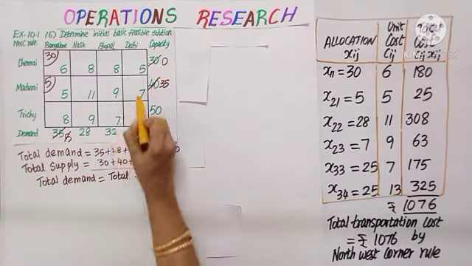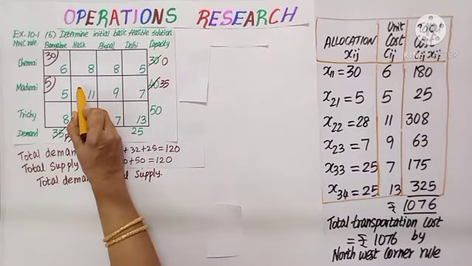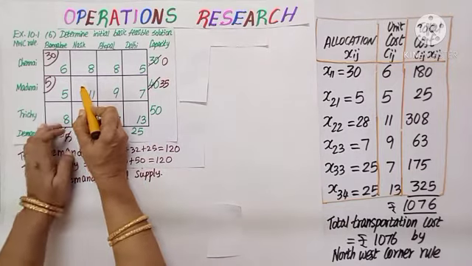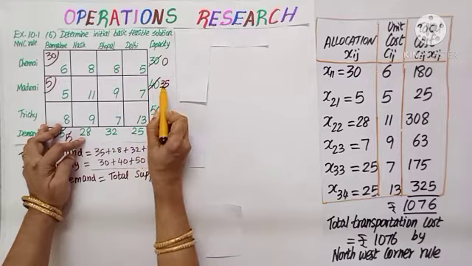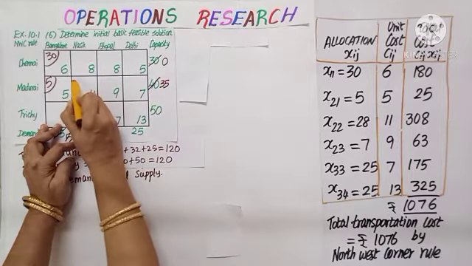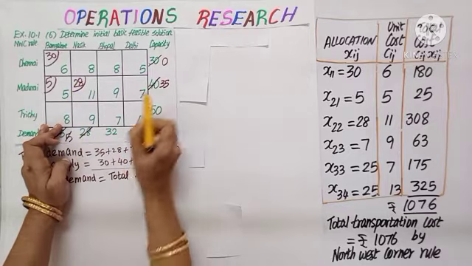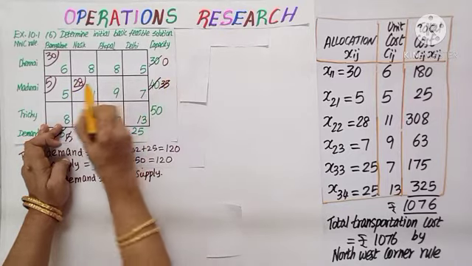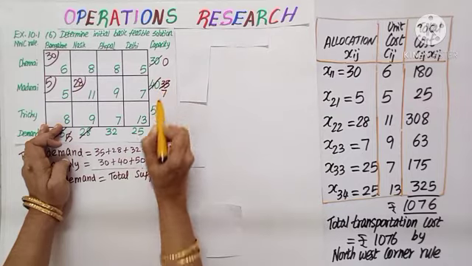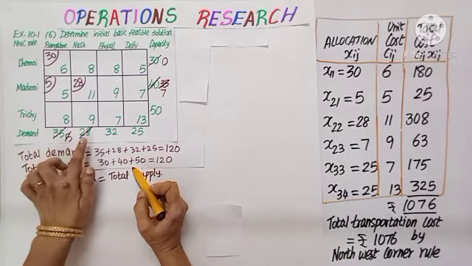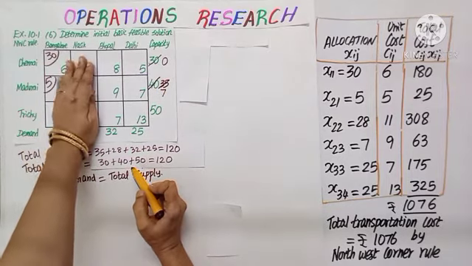Out of the 6 cells, this is the northwest. So 28 or 35, 28. Allocate 28 here. Cancel. So this becomes 35 minus 28, that is 7. Now second column is also done. Hide it.